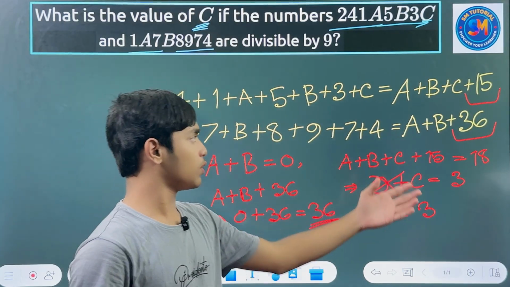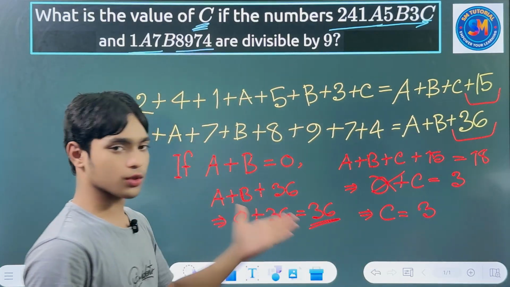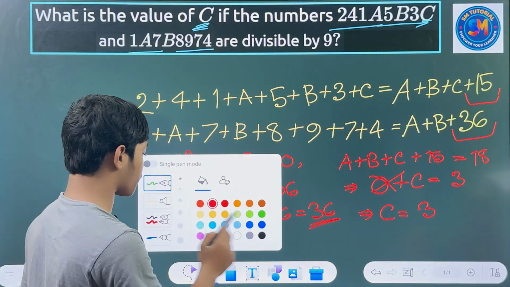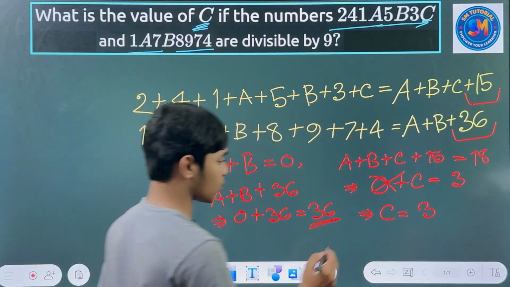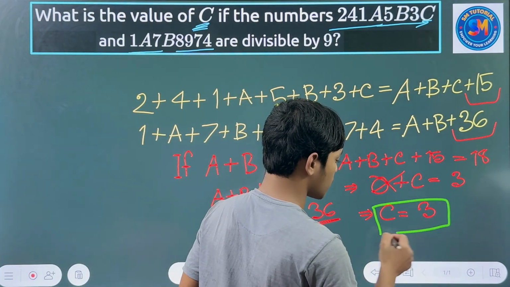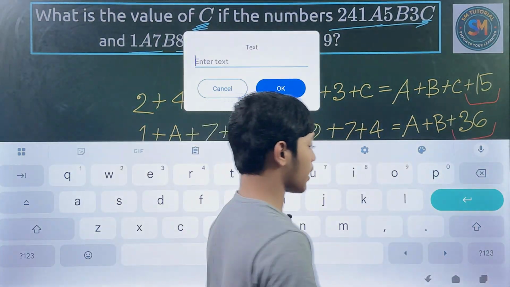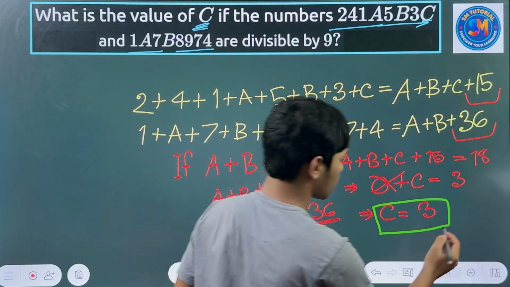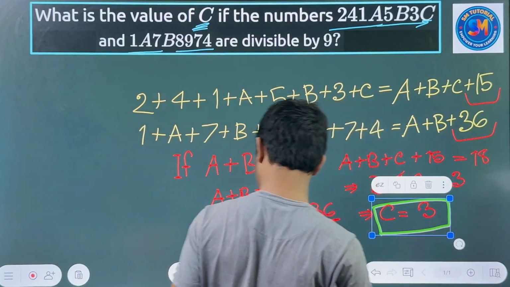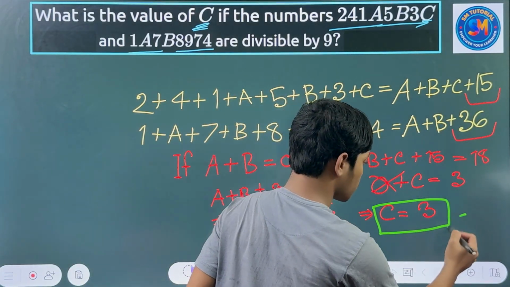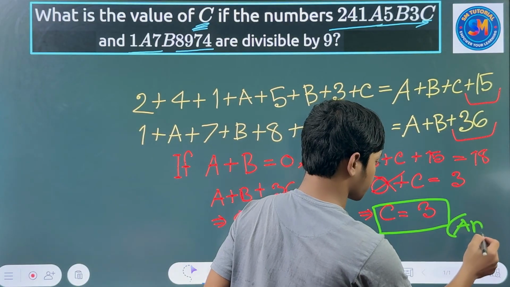Then you use this way and finally find that c equals 3, which is our answer.